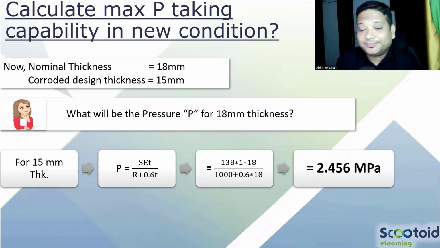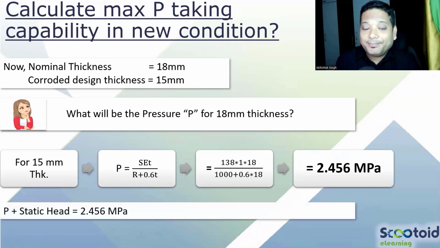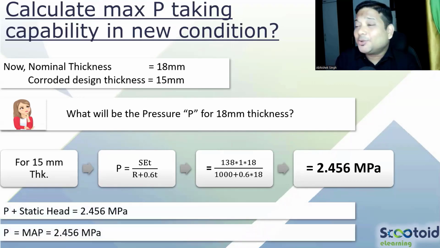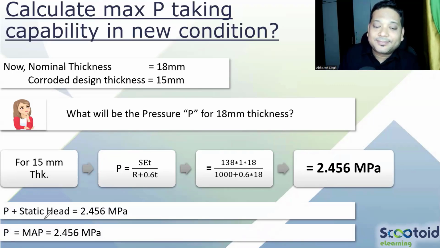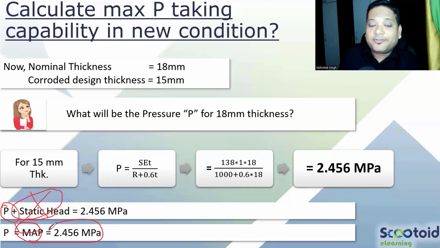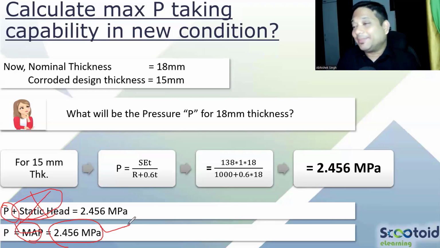There is no liquid. So P plus static head combined is 2.456. There is no static head at all in this case. There is no liquid, right? This is not there. So whatever P you have calculated, that is the pressure taking capability of this vessel. So 2.456 is the maximum pressure taking capability.